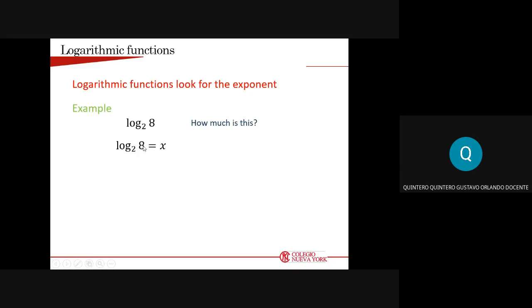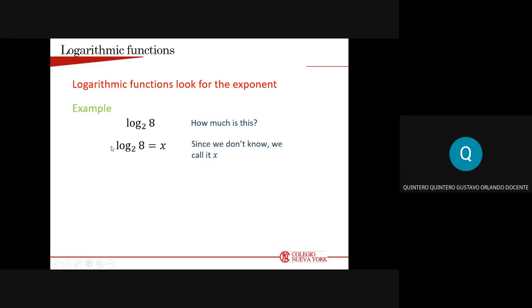Logarithm to the base 2 of 8, we don't know how much that is. So that equals x. And now the rest of our procedures will evolve around finding the value x.